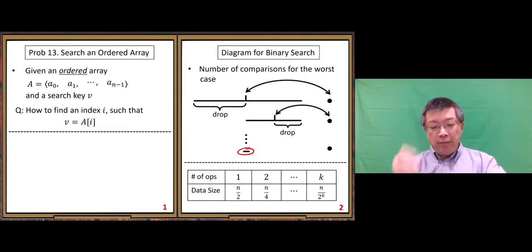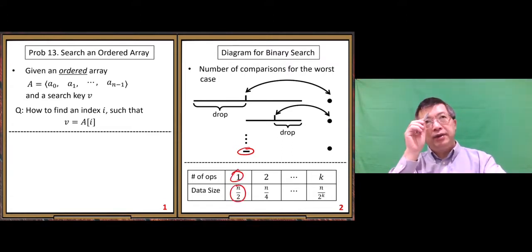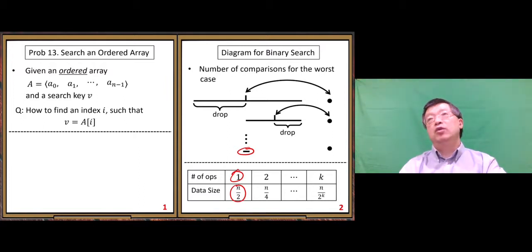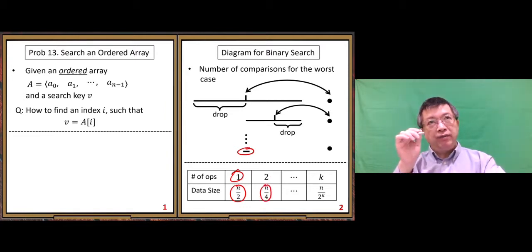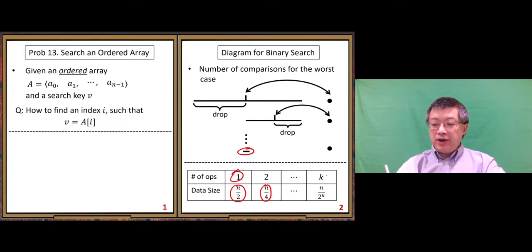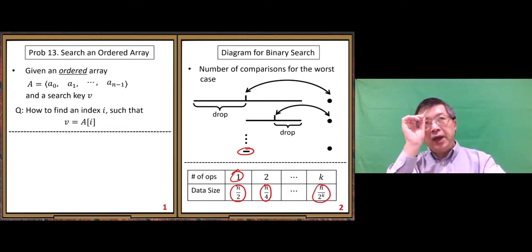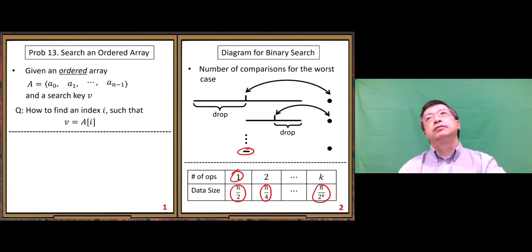When you do one comparison, you reduce the problem size to n/2. Don't worry about integer division or not, just approximately. Then two comparisons, the problem size n/4. K comparisons, the problem size n/2 to the kth power. That's straightforward.